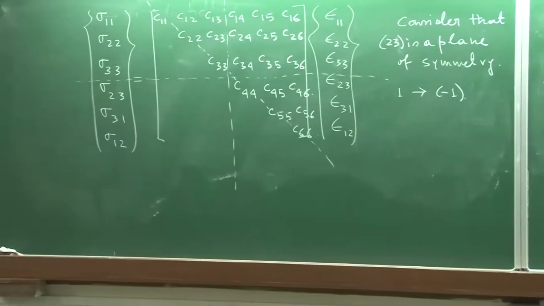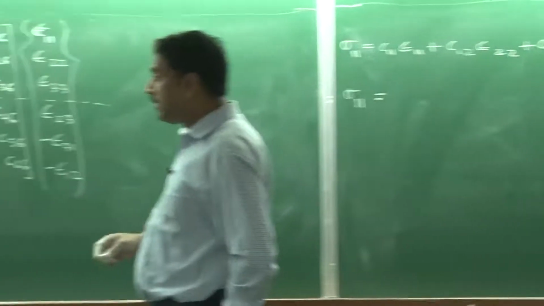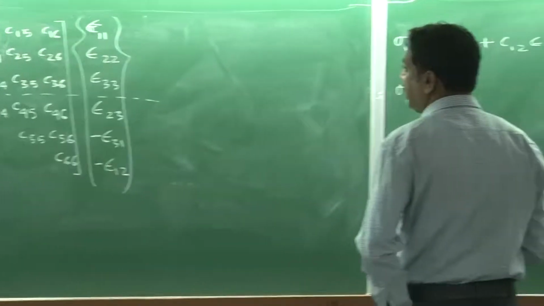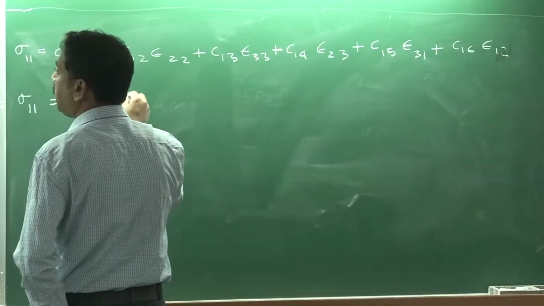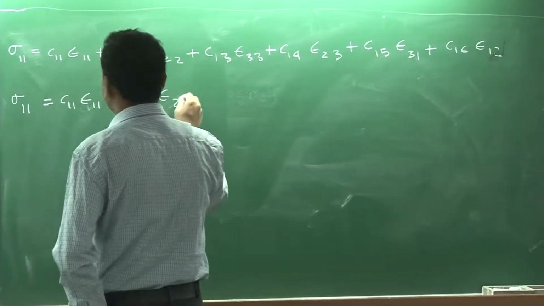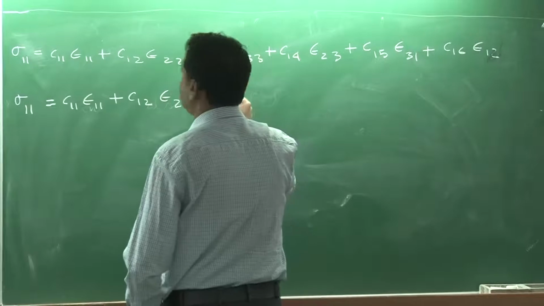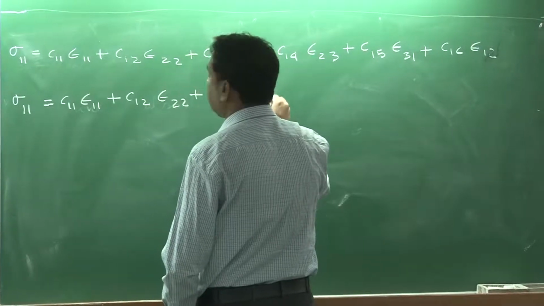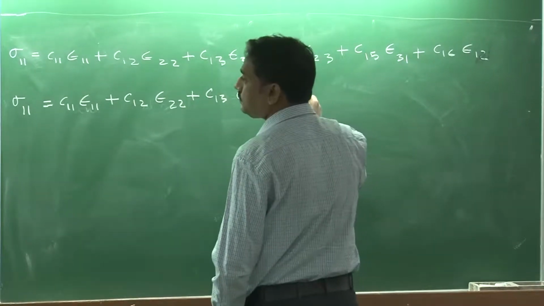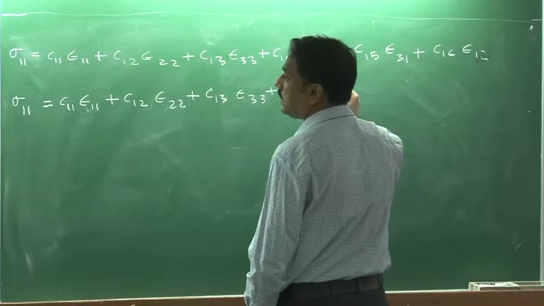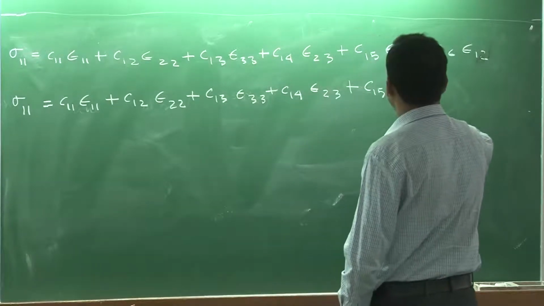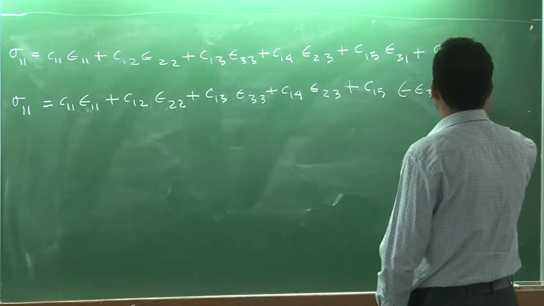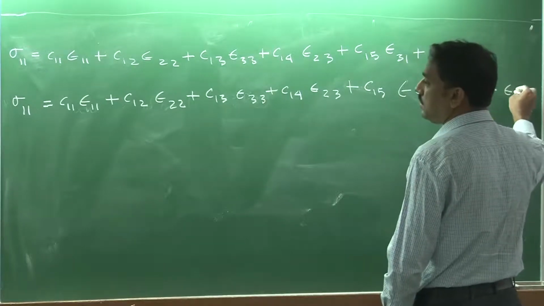Okay. What about the second one? Sigma 1 1 is C 1 1 epsilon 1 1 plus C 1 2 epsilon 2 2 plus C 1 3 epsilon 3 3 plus C 1 4 epsilon 2 3 plus C 1 5 minus epsilon 3 1 plus C 1 6 minus epsilon 1 2.